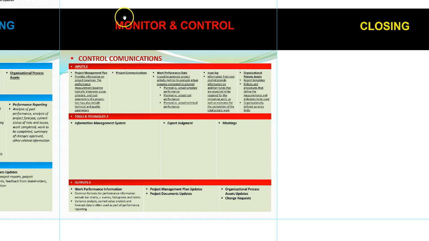Now next one is monitor and control communications. So there are all these communications back and forth from the client, from the people, from the team, and I have to control them. So why do I have to control them? So it doesn't go out of hand, right?